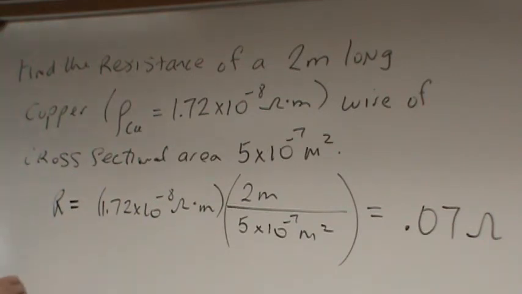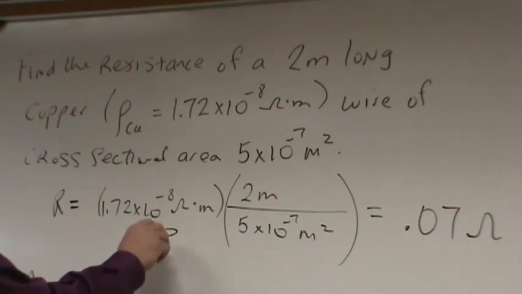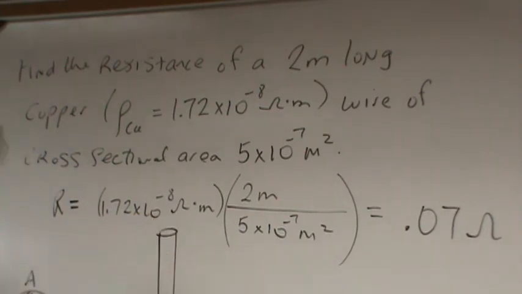Suppose I had a wire. Here's my wire. It has a particular length, L, and it's got a particular cross-sectional area, A, and its resistance is 20 ohms. And then I decide to melt that wire down and double the length. So now this wire is twice as long.